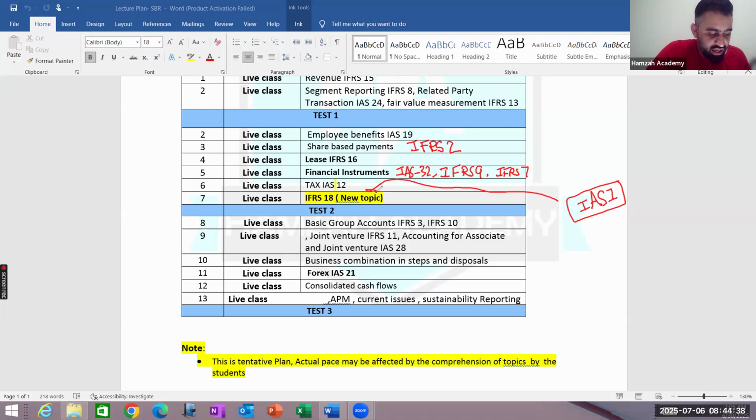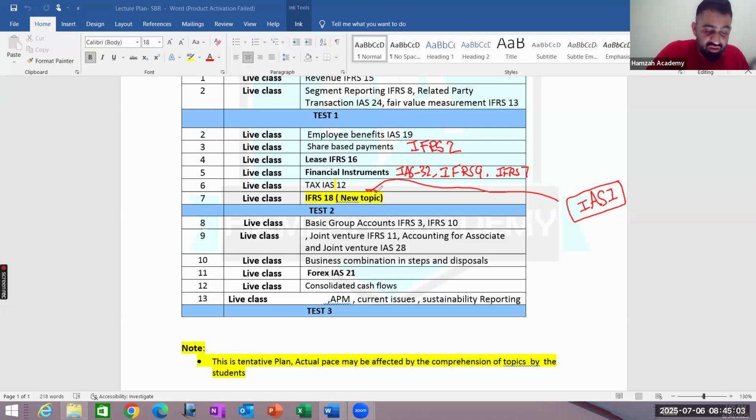In that next area, we will be covering the basic group accounts. Basically, we will start the consolidation here. We will learn IFRS 3, an accounting standard which covers the accounting of business combinations.